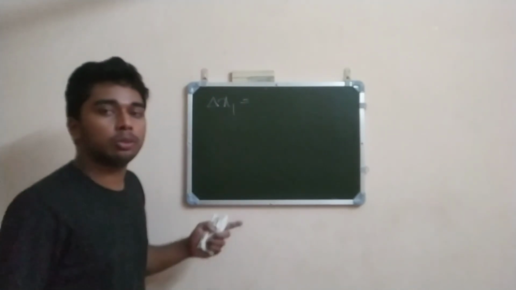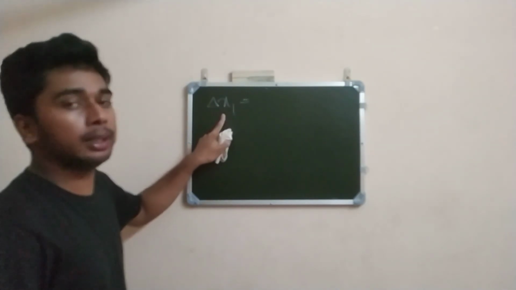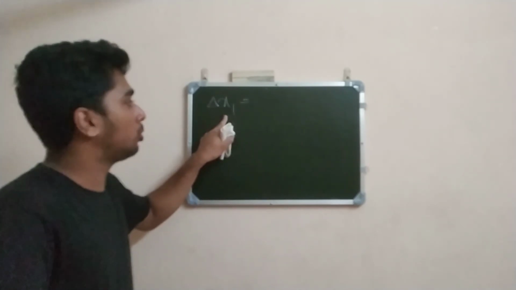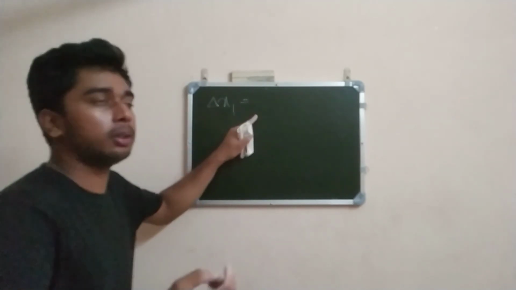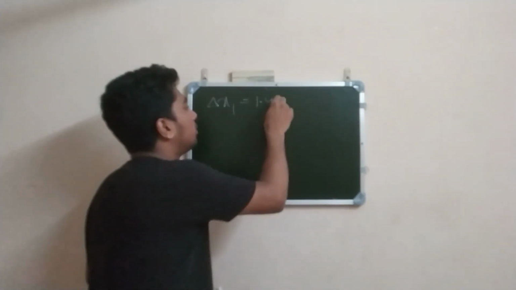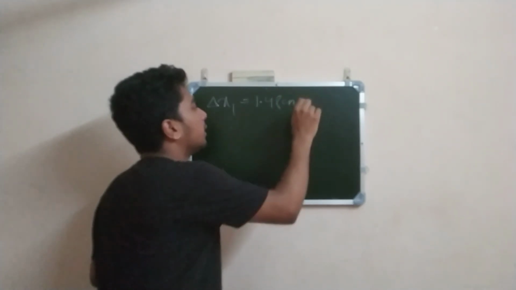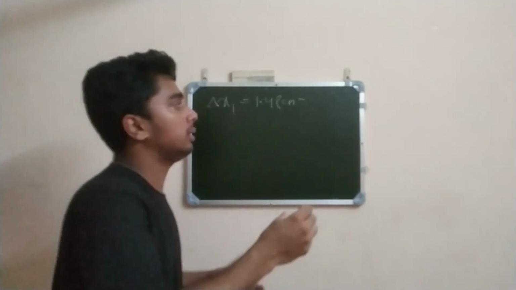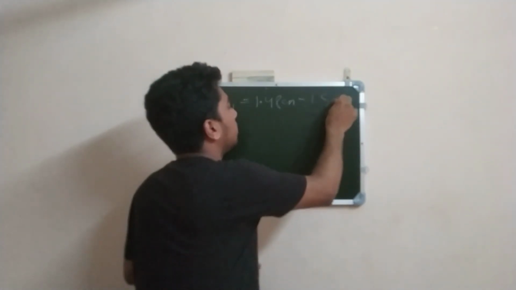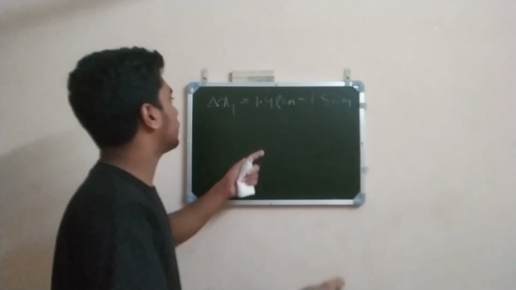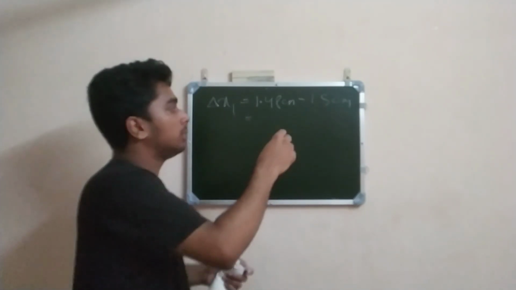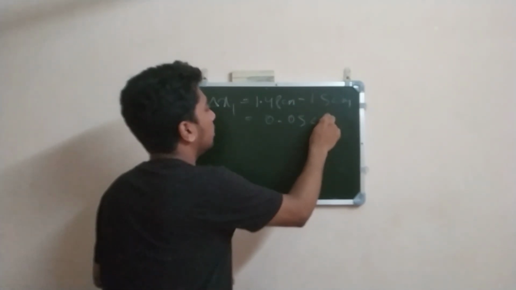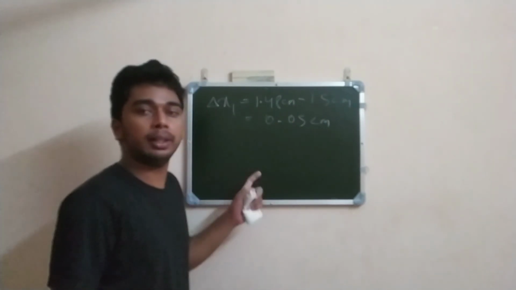What is del x1? Del x1 is the deviation of the x1 data point from the average. The x1 data point was 1.48 centimeter, and the average is 1.5 centimeter, so the deviation will be 0.05 centimeter, and a negative sign will appear here.